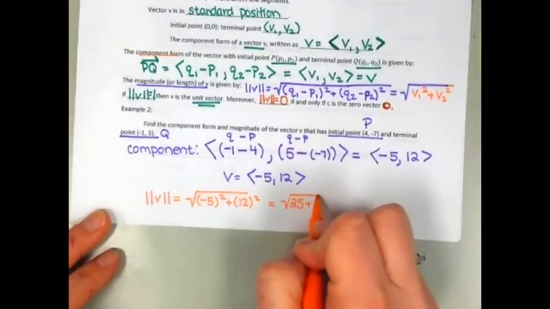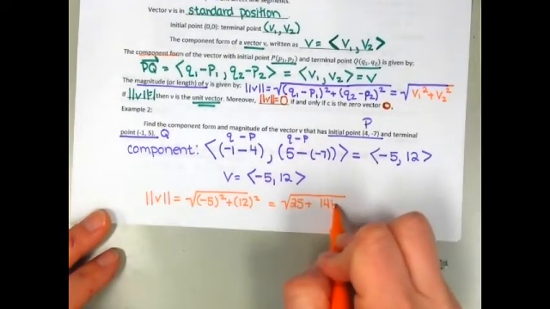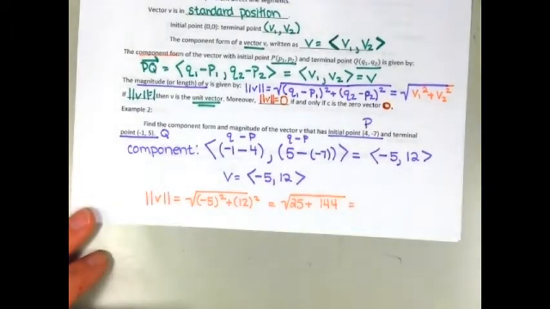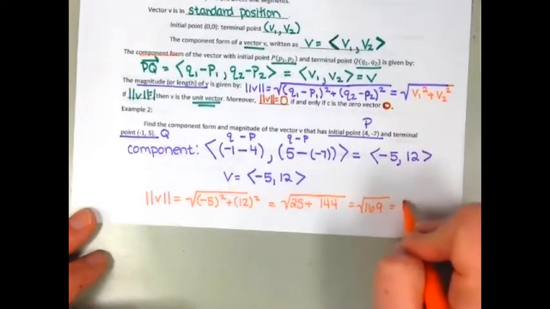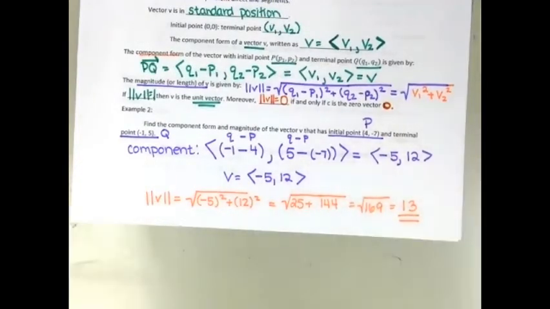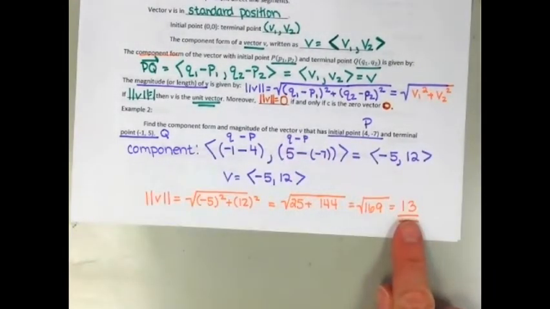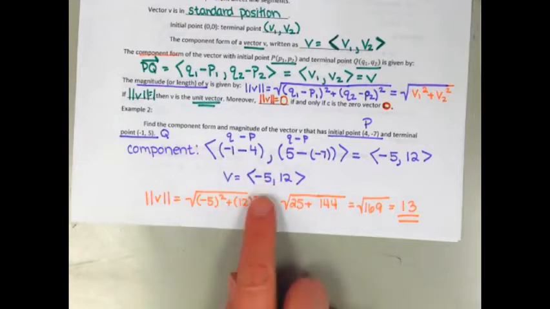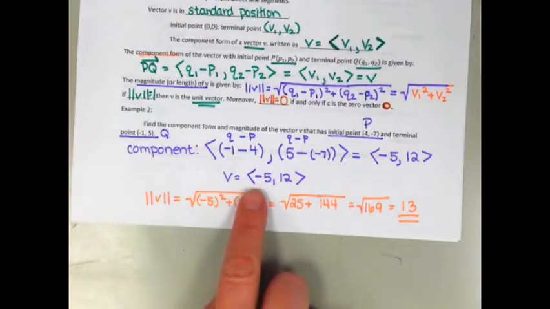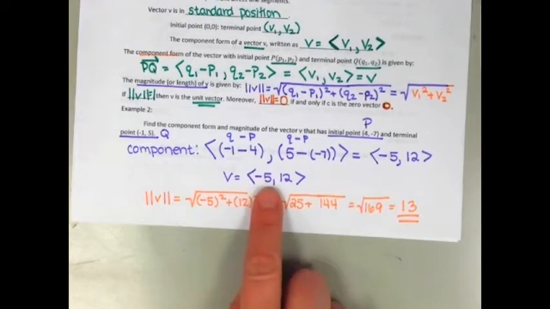And what is 12 squared? 144. So what is 25 plus 144? 169. And what's the square root of 169? 13. So the length of my component vector, or even of P and Q, is going to be 13. So shifting these two points to the origin would get us (0, 0) as my initial, down to (-5, 12). Does that make sense to you guys? Yes, no?